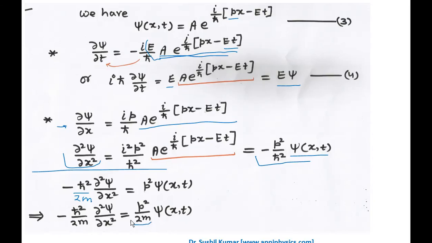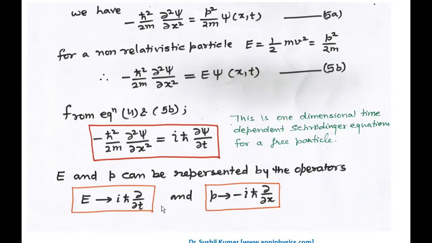So in this equation, if you see it carefully, this is p square upon 2m, that is the kinetic energy of a non-relativistic particle. So I am writing it in this way. Here this p square upon 2m is the kinetic energy, that is 1 by 2 mv square, that is E basically. So instead of p square upon 2m, one can write E psi.